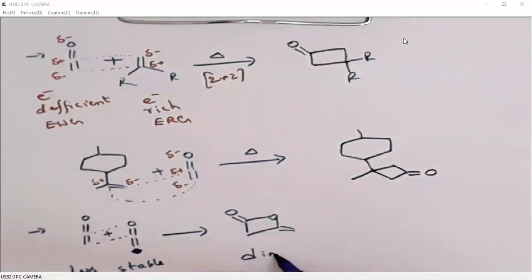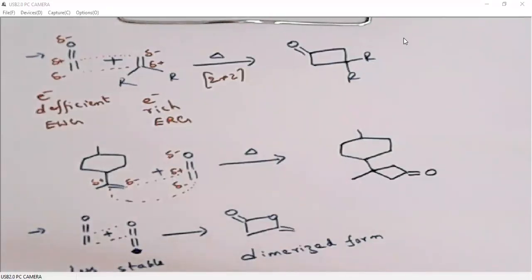It is a dimerized form of ketene. So ketenes are always unstable. They will undergo immediate 2+2 cycloadditions with themselves. That is why we need to have stable ketene molecules. I'll give the examples.